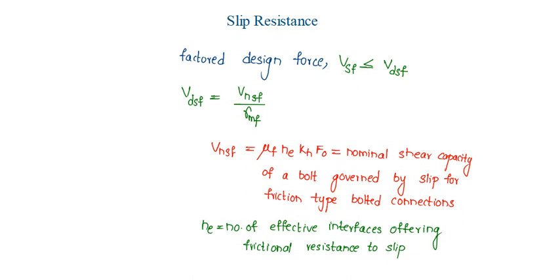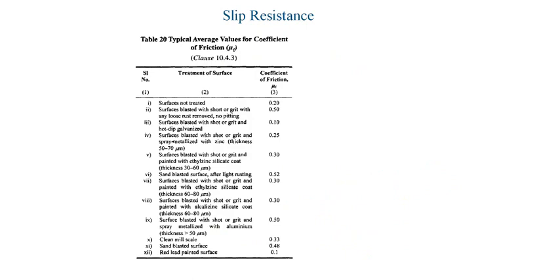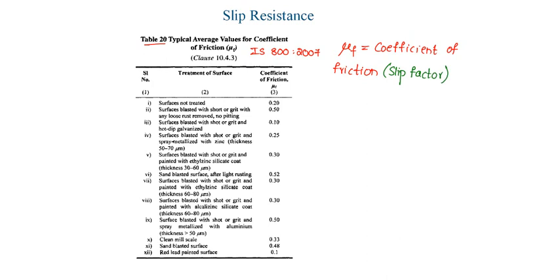and mu F is given by table 20 of IS 800-2007, in which the mu F coefficient of friction, also called the slip factor, is specified in table 20 based on treatment of surface.